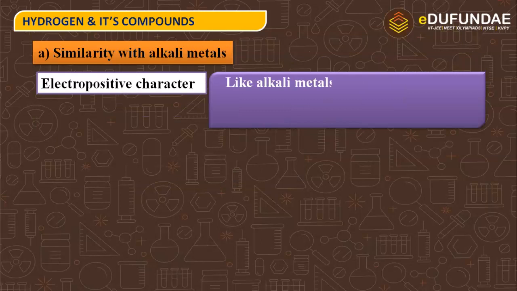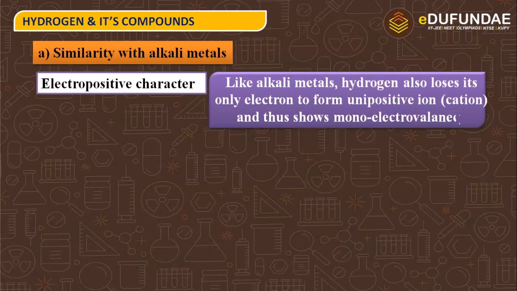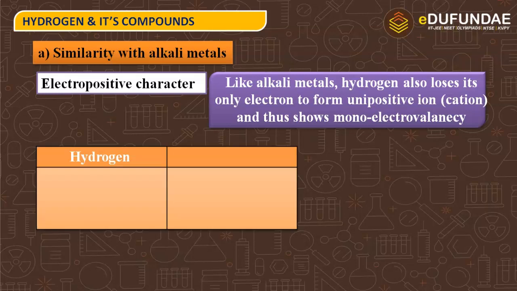Next is electropositive character. जो alkali metals होते हैं, those can readily lose one electron to form unipositive ion. Unipositive ion मतलब cation, okay, which is having a unit charge, and thus show monoelectrovalency. Let us see how hydrogen on losing one electron will form H+ ion, that is a unipositive ion.